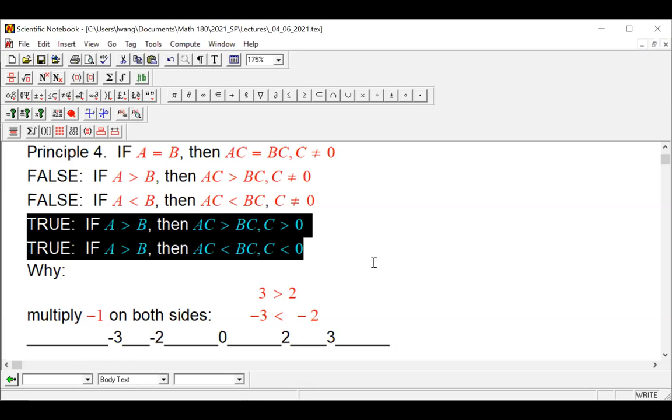Now, in execution of these principles, I believe most of you know these principles. Now you understand why, you know you don't have to memorize, which is great. But in execution, there are a lot of common mistakes.